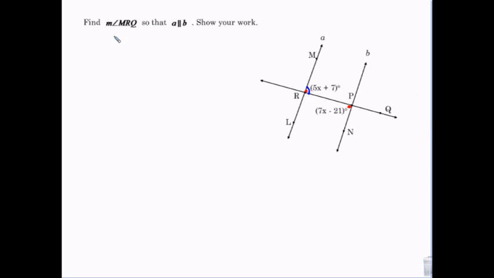So that means that 5x plus 7 is the same as 7x minus 21. We're going to need to solve that.